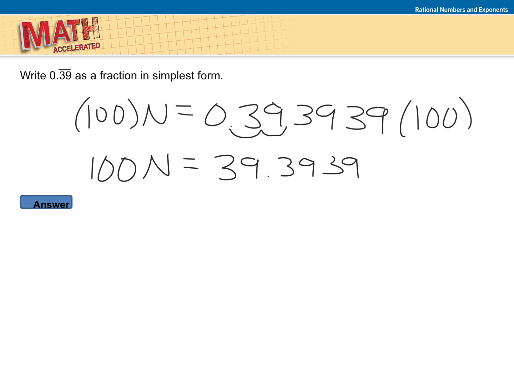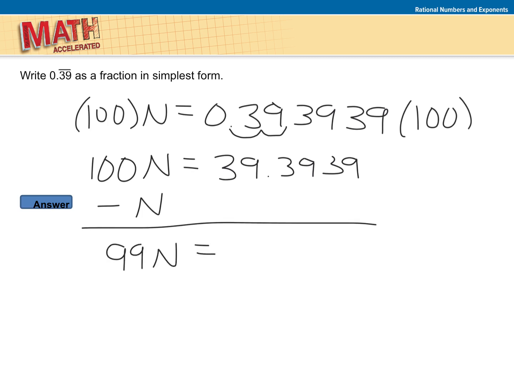How do I get rid of the repeating part? Subtract 1n on this side. When you subtract 1n, what's 100 minus 1? 99n. What happens when we subtract on the left side? What happens to the right side? What disappears?